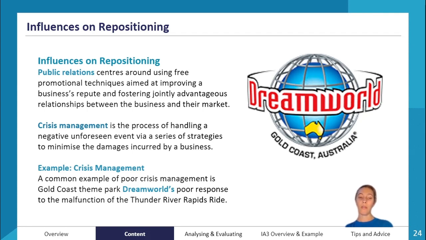So they had a crisis back years ago now where they had the malfunction of the Thunder River Rapids ride, and that wasn't handled as well as it probably could have been by Dreamworld and the parent company, Ardent Leisure.